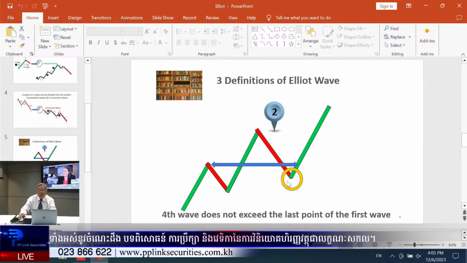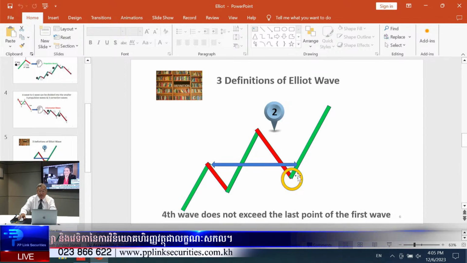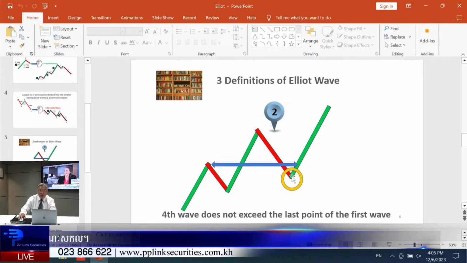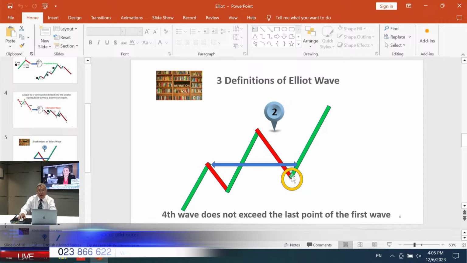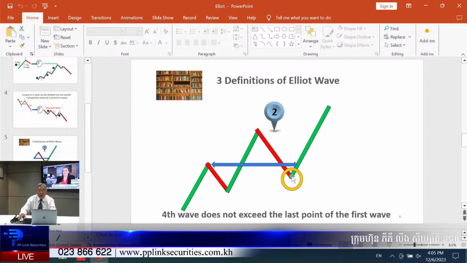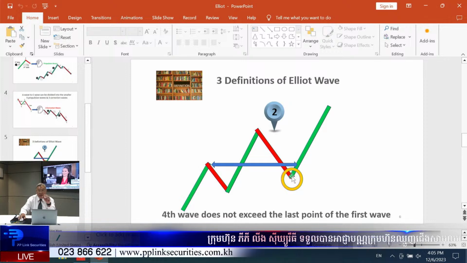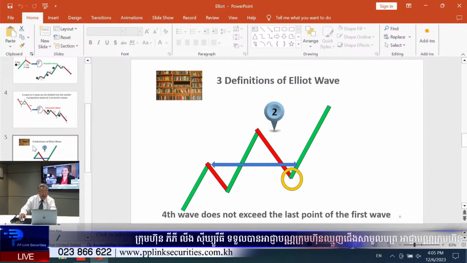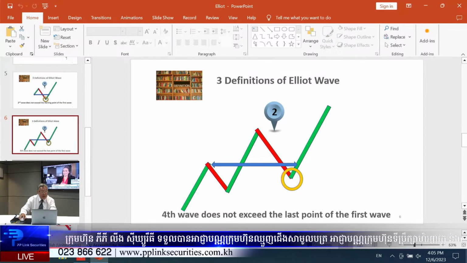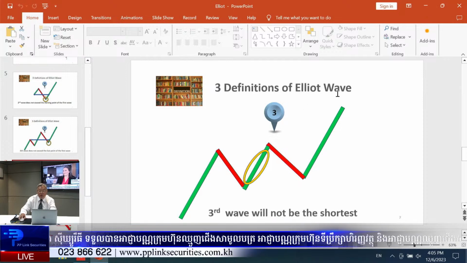This is also not called the Elliott wave pattern. So if you see this kind of dip, change your mind. This is not the Elliott wave. So don't apply Elliott wave theory to a momentary chart movement.